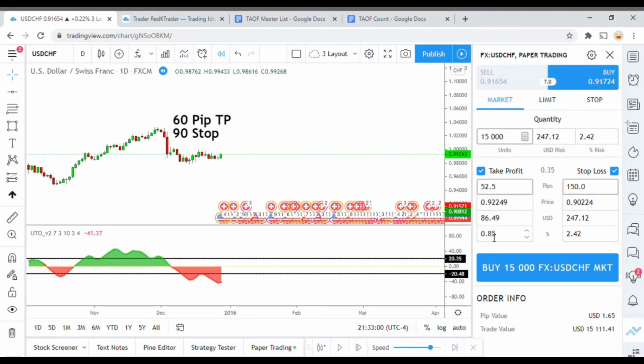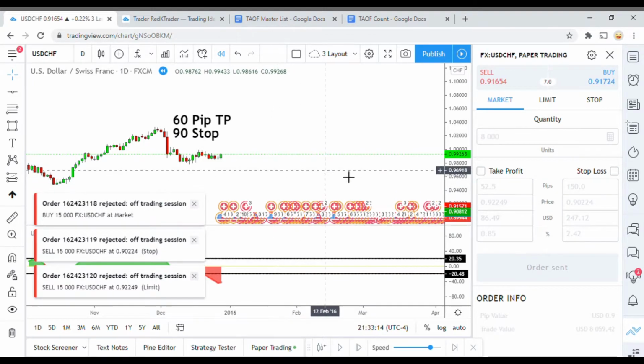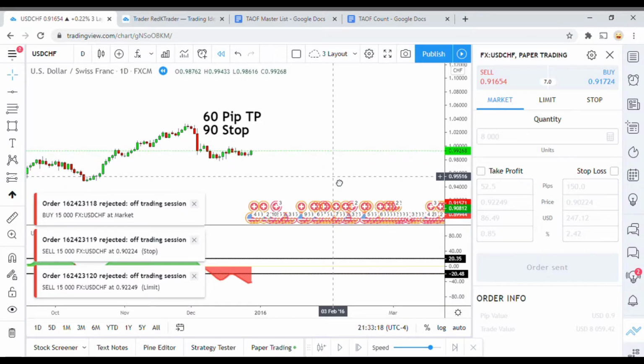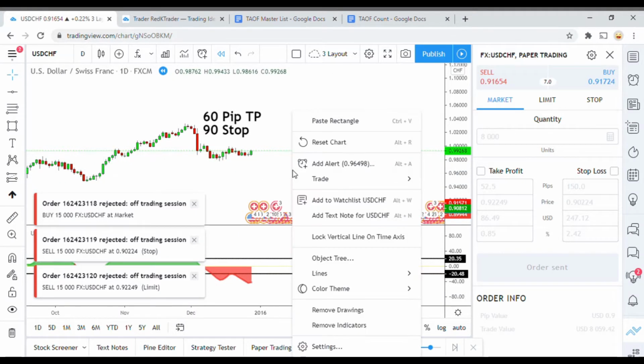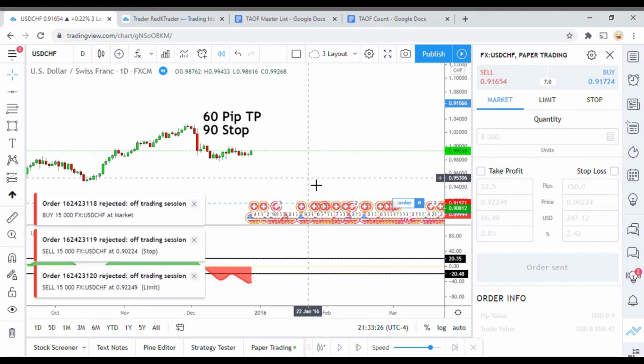You can buy, you can sell, it gives you a percentage, stop loss, take profits, tells you pip value, trade value, the whole thing. It's a really great setup for anybody who is interested in it.